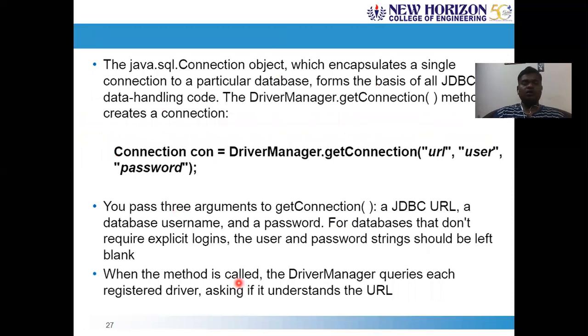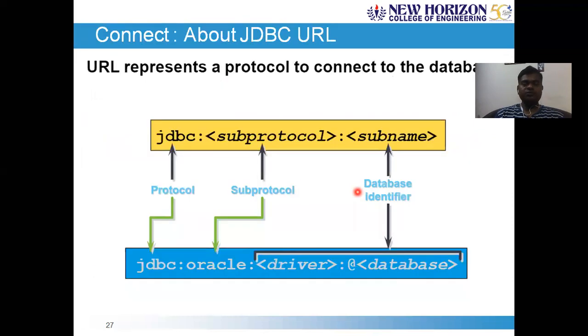As I told, it encapsulates a single connection to a particular database in the form of JDBC in order to handle the JDBC communication or JDBC calls. The first one is a URL, the second one is a username, and the third one is a password. Now, we'll see what that URL is all about.